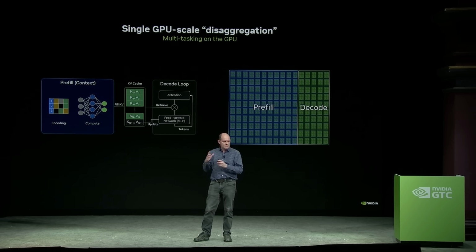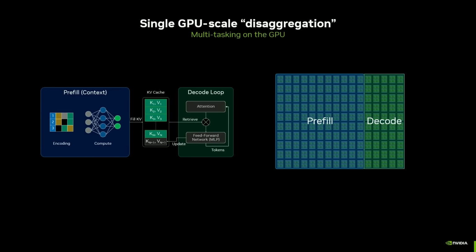You can easily imagine that partitioning it up in a similar way, dedicating pieces to specific tasks, could have the same kind of benefit that the big system disaggregation would, except in a much smaller context. So, while you may not necessarily be able to run an entire AI model in the memory of one GPU, there are lots of smaller jobs where this kind of partitioning is really interesting.